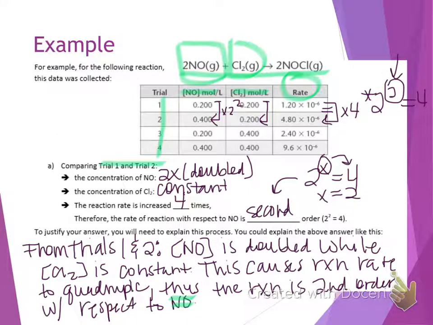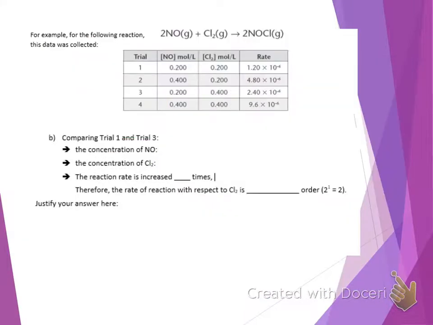So let's also try and determine our order for Cl2. As we compare trials 1 and 3, we can see that now the concentration of NO is remaining constant and we're changing Cl2. To experimentally determine these orders, we always have to hold one constant while changing the other.